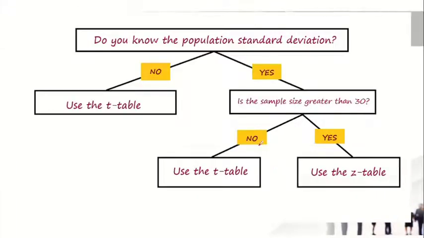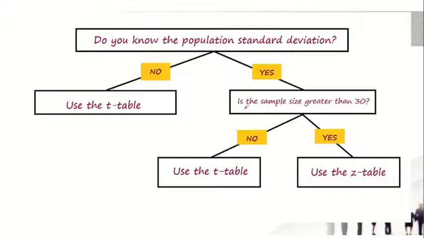Then, this is the yes or no cycle. Do you know the population standard deviation? If you know it, the next question is: is the sample size greater than 30? If you don't know it, just use the t-table. Ilang beses ko na nilidiscuss kung ano itsura ng t-table sa mga nakaraan kong videos.